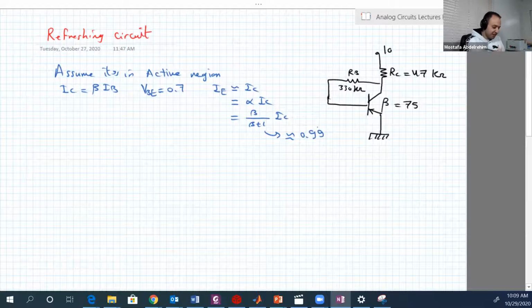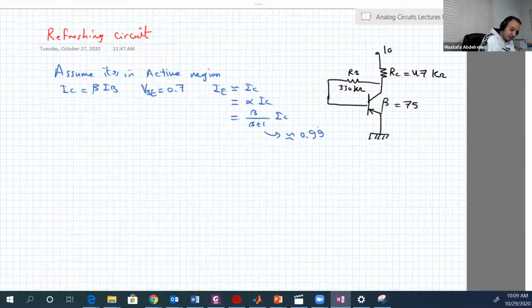Okay, good. So let's apply this to this circuit here.